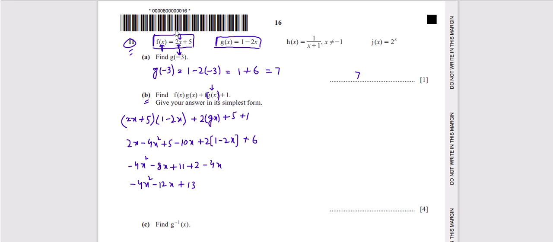This is our required equation: minus 4x squared minus 12x plus 13.